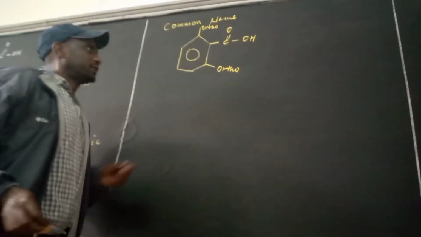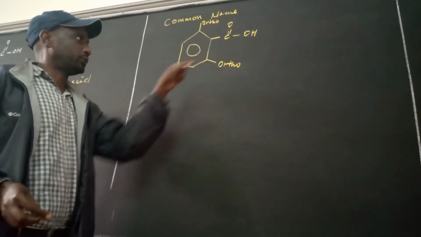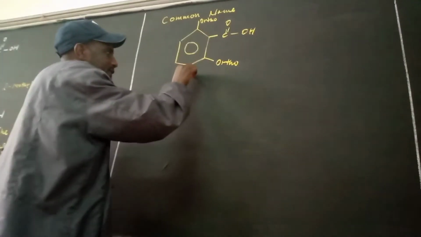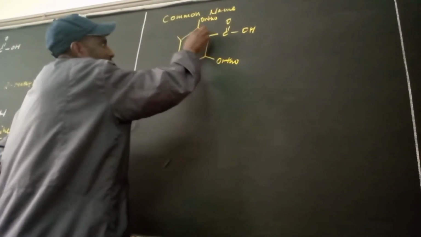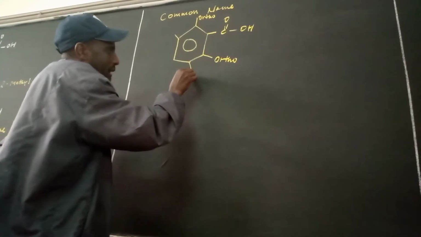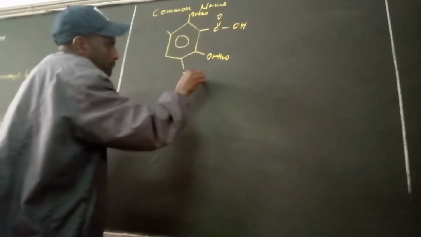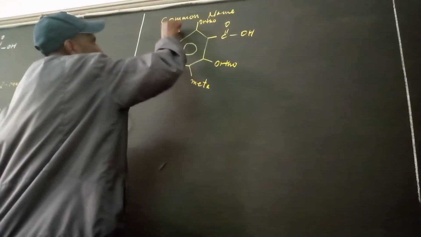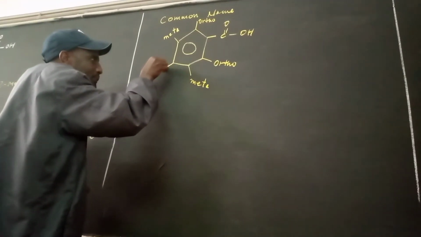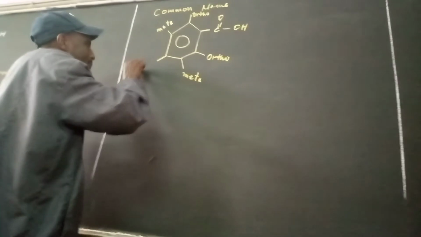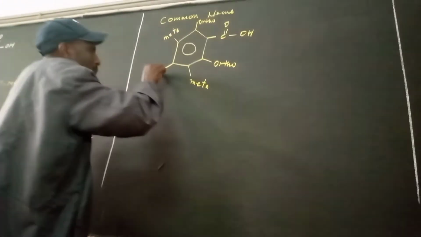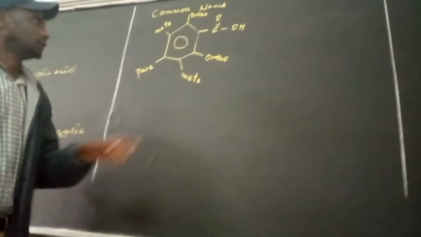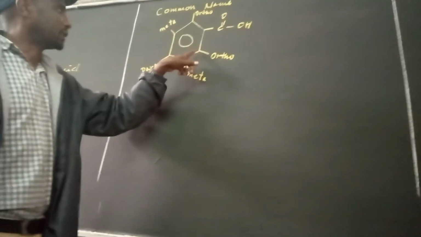The second carbon is always the ortho position. The third carbon on both sides is known as the meta position. And the fourth carbon, the only one, is known as the para position.